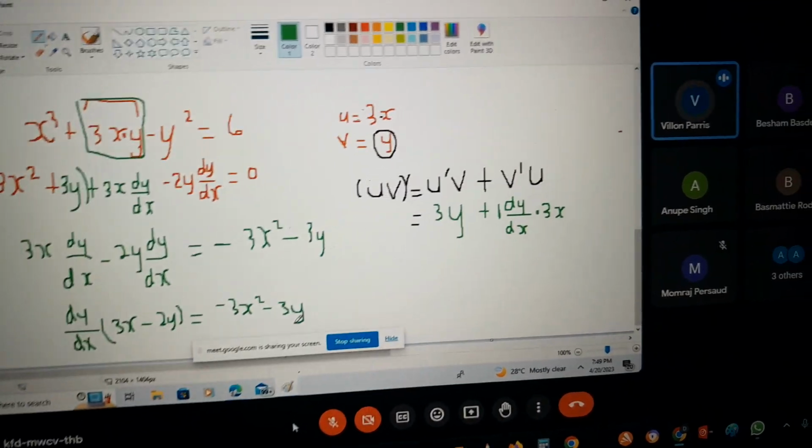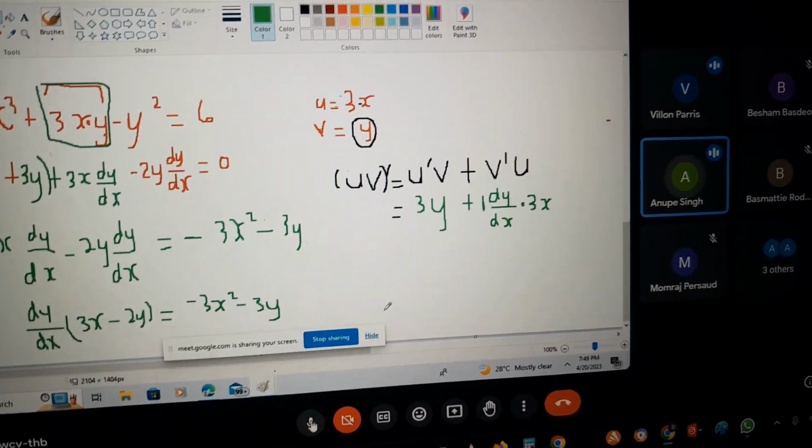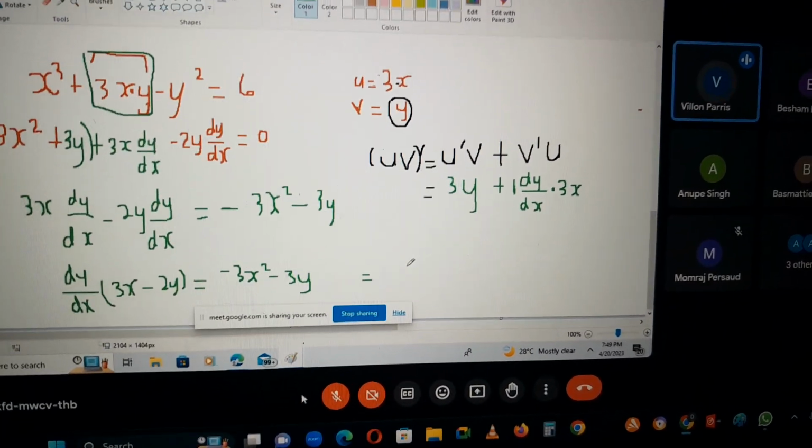So tell me, what's the final step to get dy/dx by itself? Divide both sides by 3x minus 2y. Wonderful.